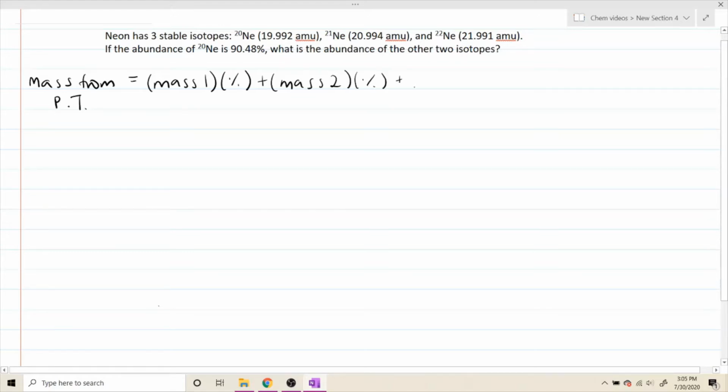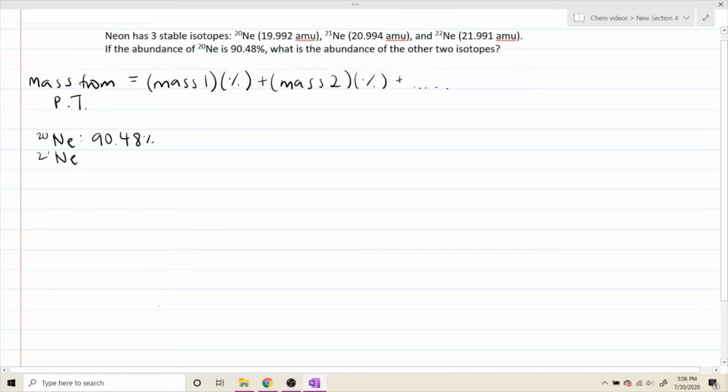Each element has its own specific number of stable isotopes, but the problem will always tell you how many it has. So for this specific problem, the first thing you want to do is write down what you're already given and what you need to solve for. For the first isotope, neon 20, its percent abundance is 90.48%.